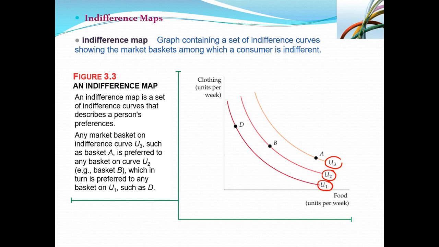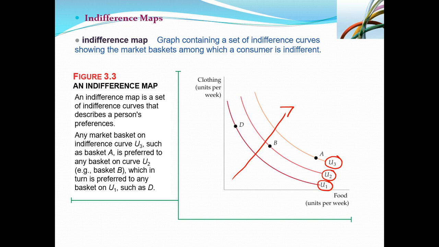We also have that one there that is giving us U3 level of utility. So what are we seeing? Well, what we're seeing is that more is better. As the consumer is moving away from the origin, the level of utility increases. Therefore, it makes more sense for this consumer to go for the third indifference curve there.